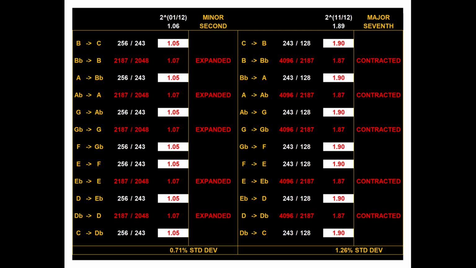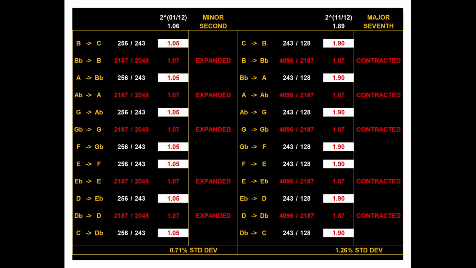And we can see here which ones are expanded and which ones are contracted, and we can also look a little bit more at why. For the minor second, at the top I have the mathematical purity value listed, which is 2 to the power of 1 over 12, and it rounds to 1.06. I'm rounding everything to the nearest hundredth.